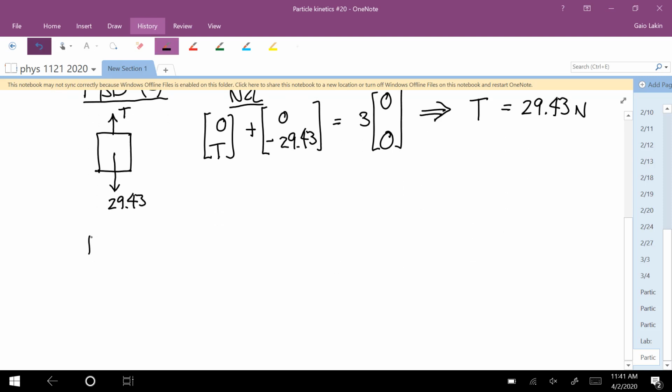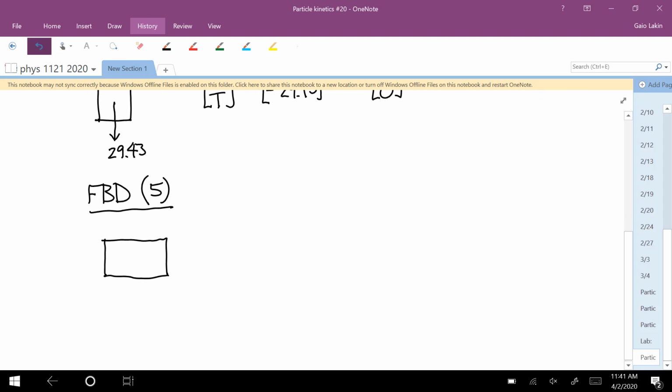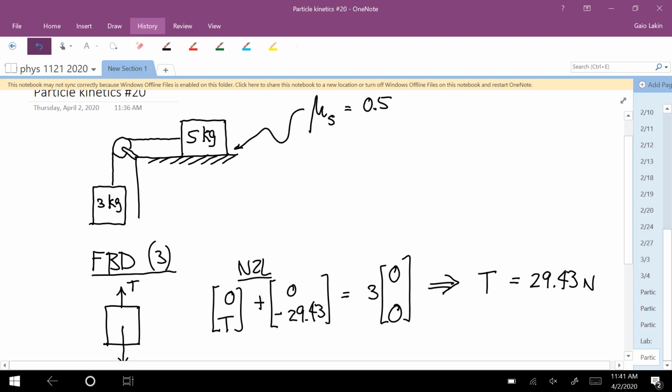Okay, so free body diagram of the 5 kilogram box. We have a weight force, that's 49.05. We have a normal force. We have the friction force keeping it from moving.